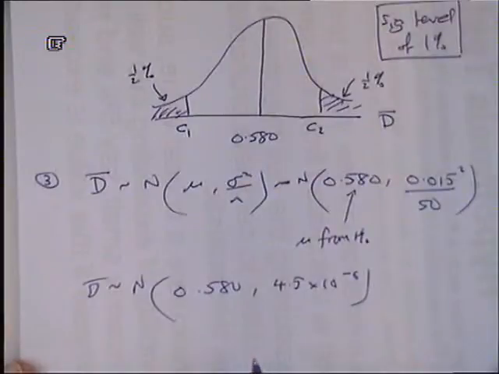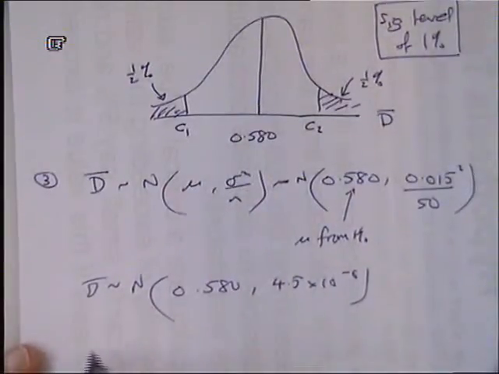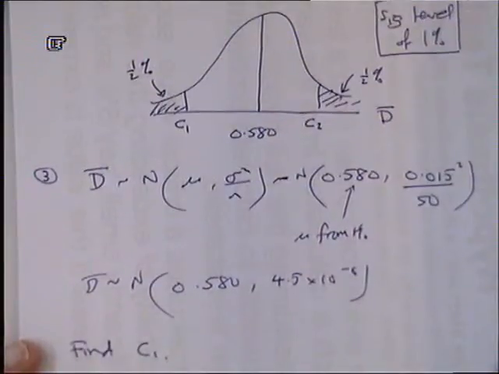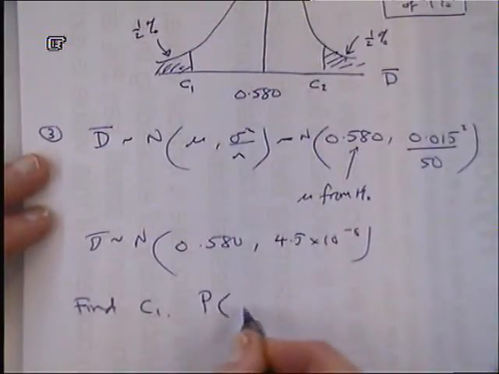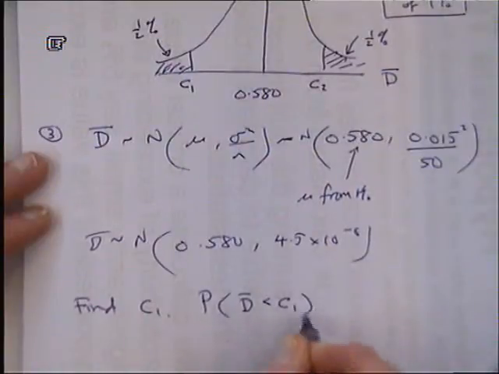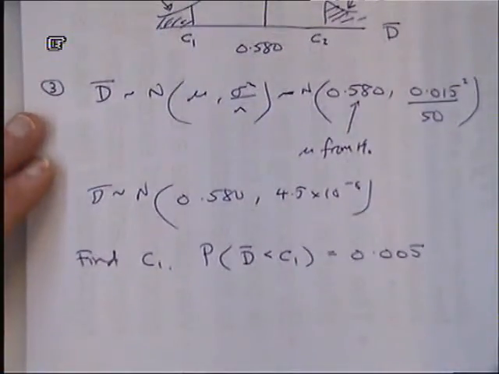Right, so Tom's already pointed out that the sample statistic is lower than this mean. So what we are going to do, first of all, is find C1, the critical value on the left, which is the one we're interested in. We know that the probability of D bar being less than C1 is 0.5%, which as a decimal is 0.005.